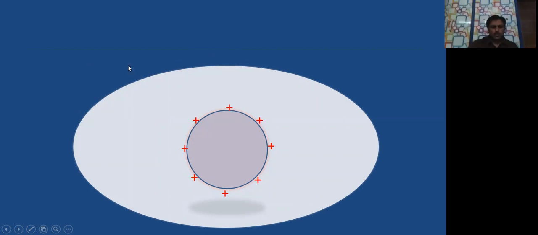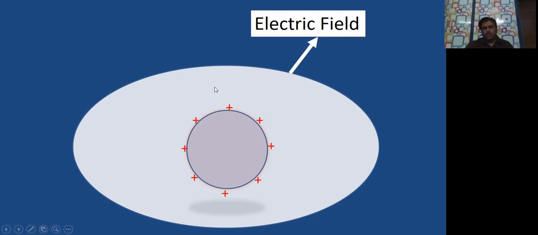So this region is the field around that particular charge, the electric field of this particular charge. You are seeing that every charged body can create an electric field, let it be a positive charge or a negative charge. Please recall that they can create an electric field.